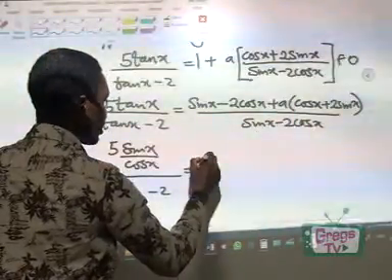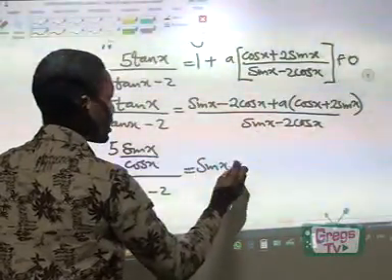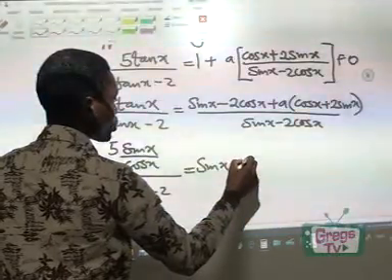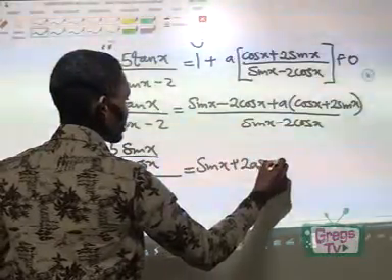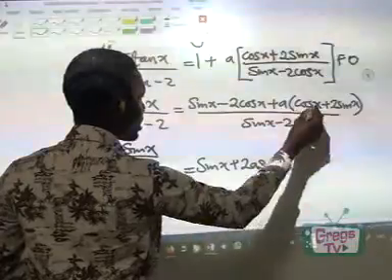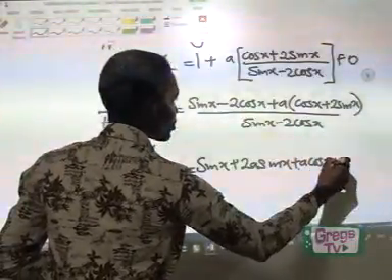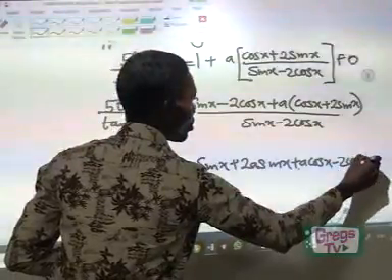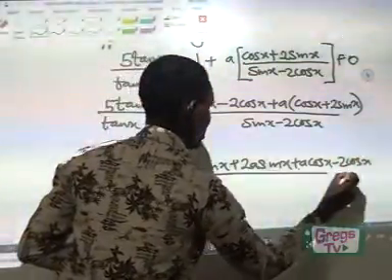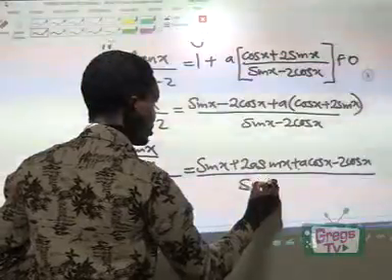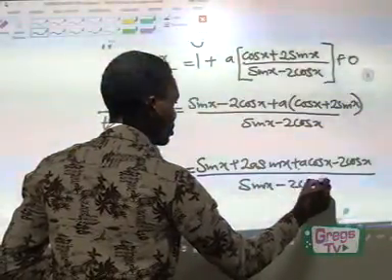Let me open the bracket there. If I open the bracket, I'm going to have sin x plus 2a sin x. Of course, then here will be a cos x minus 2 cos x, and everything here will be divided by sin x minus 2 cos x.